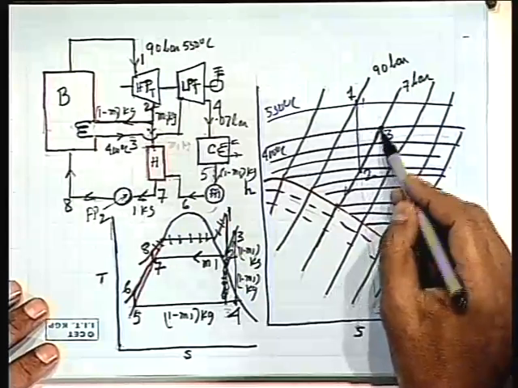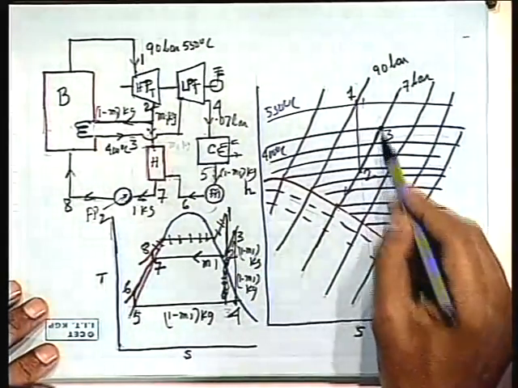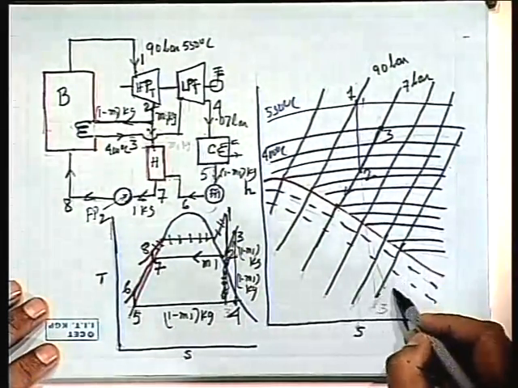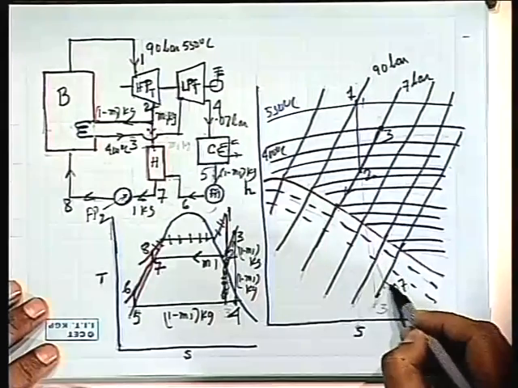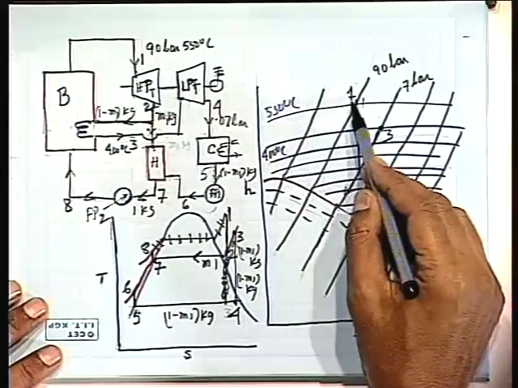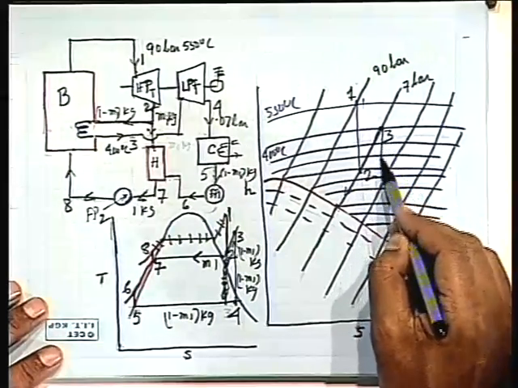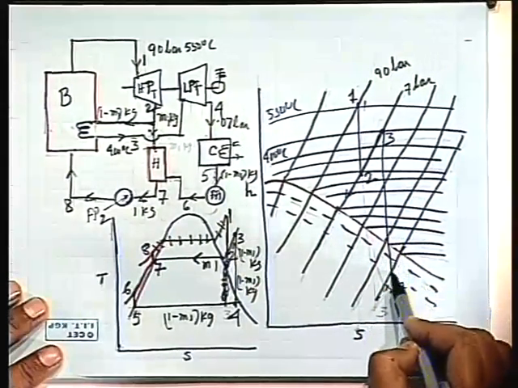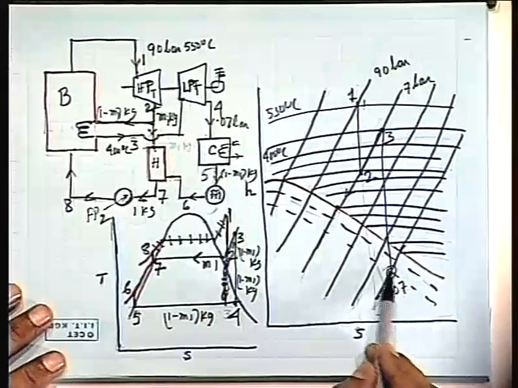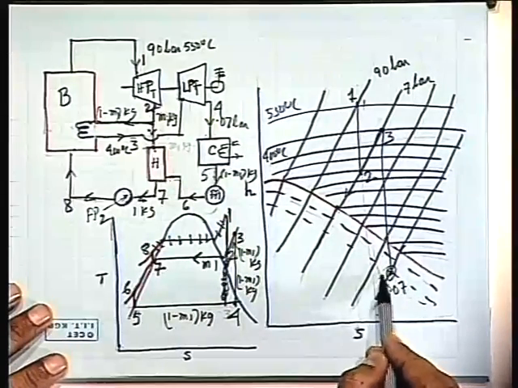So 3. Now from 3 to 4. Let this be the 0.07 bar pressure line, which is not to scale, 90 and 0.07. That means I simply go down to this. So I can also find out the dryness fraction. That means this is my 4.